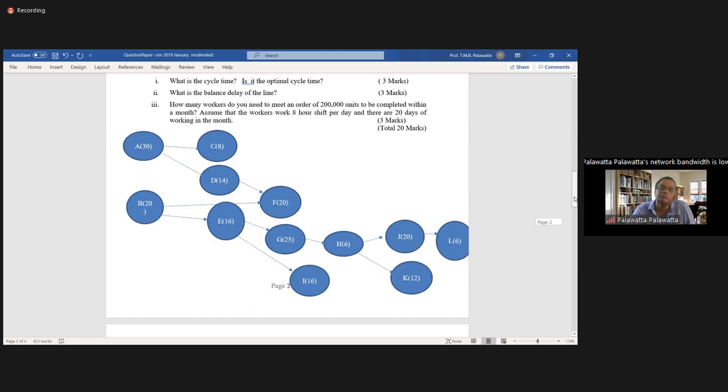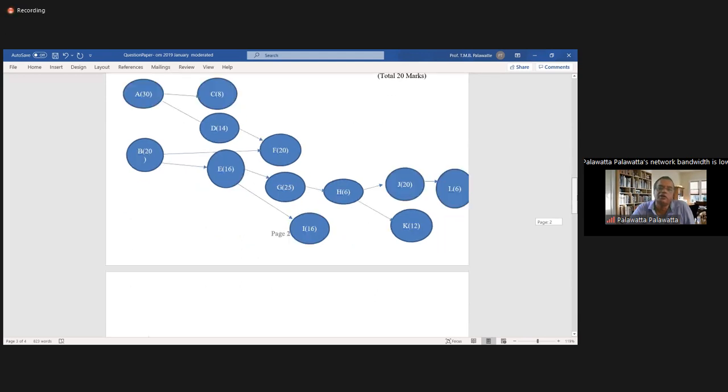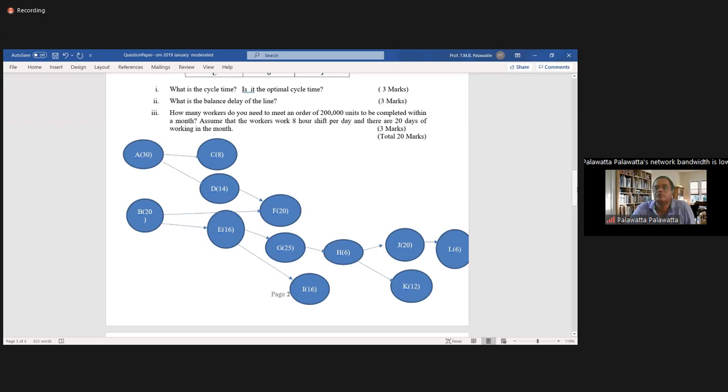So you see, to complete an order of 300,000 units, you need a lot of employees. Let's say one assembly line has 12 workers.